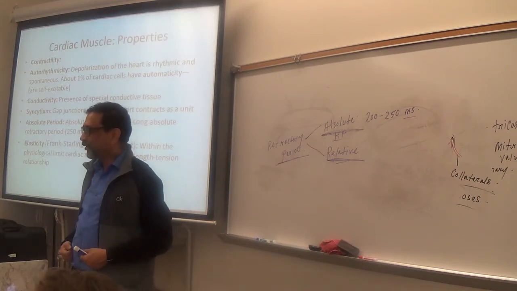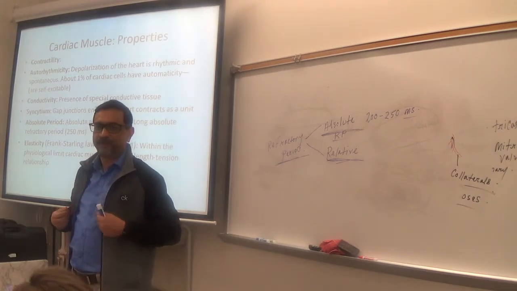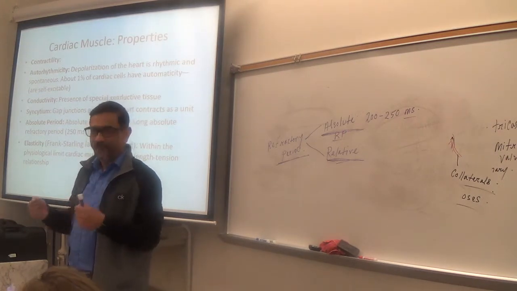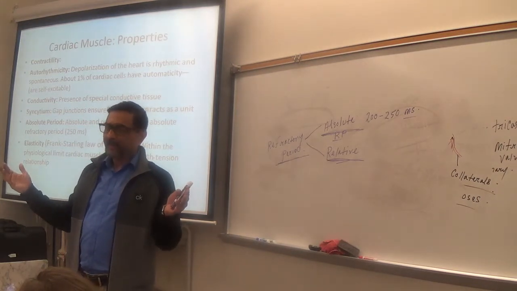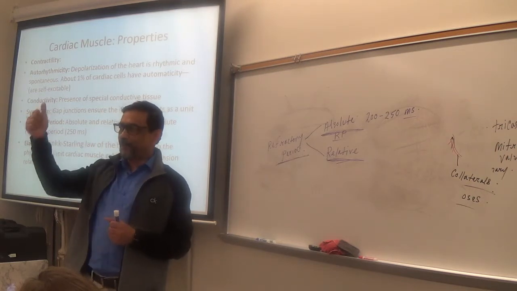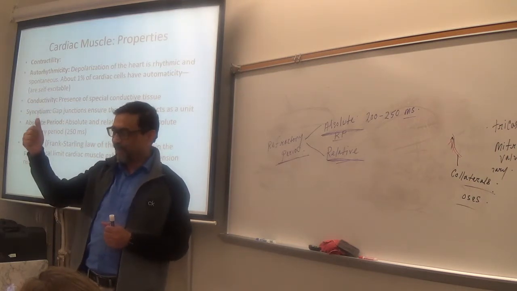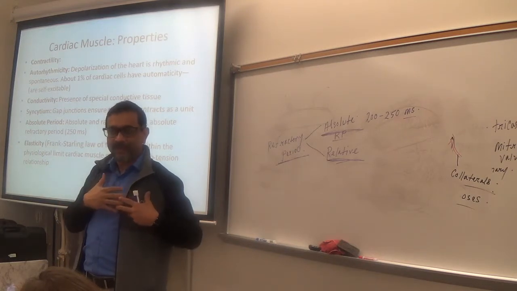Elasticity will be lost. Done, right? Like that cloth you are using, putting too much pressure every day, eventually the elasticity will be lost. Same thing happens in your heart. If the blood pressure is too high for a long time, many years, then the heart is continuously taking too much pressure.